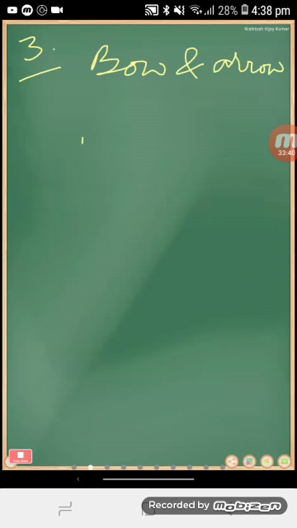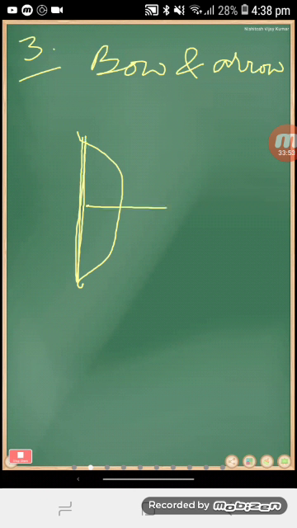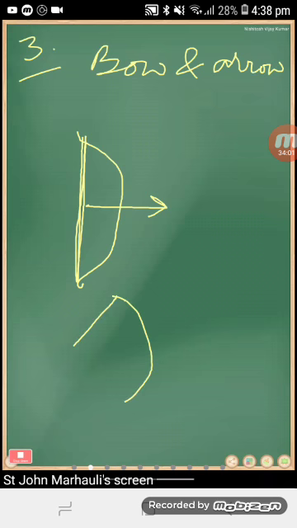Now, if you see, this is a bow, this is the string part. When you have to shoot the arrow, this has to be pulled. So when you pull it, this becomes something like this with an arrow coming over here.